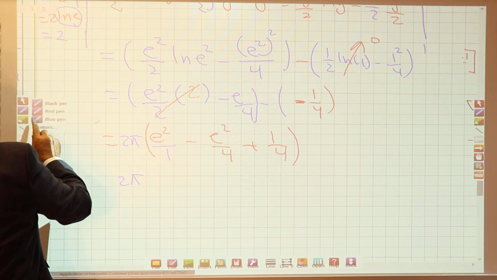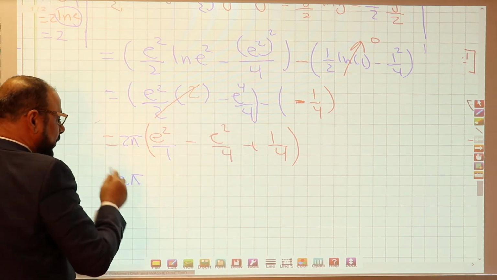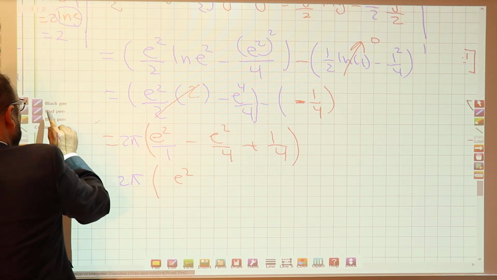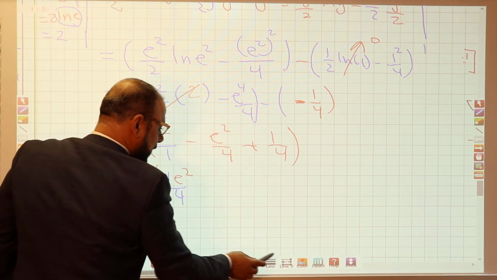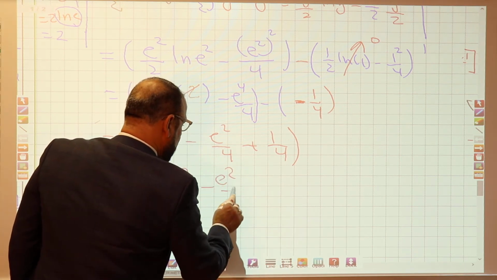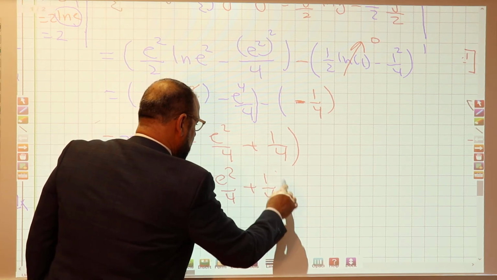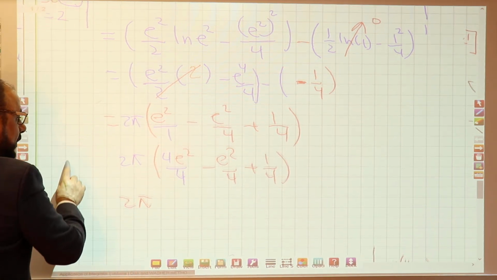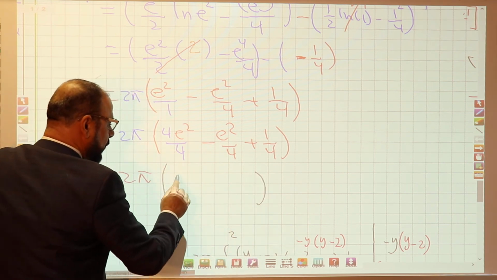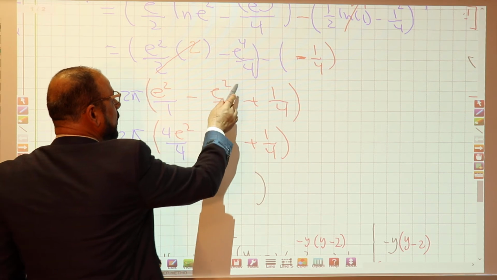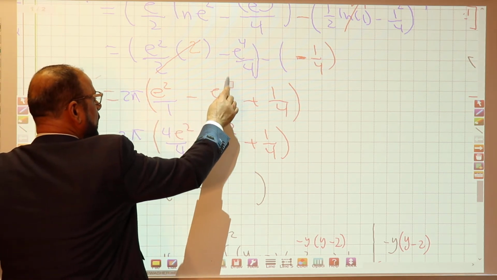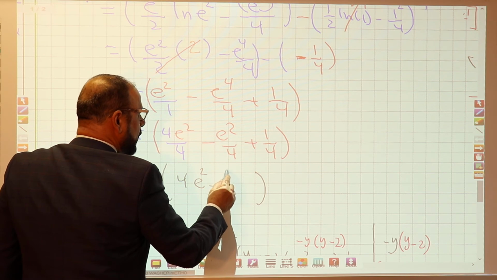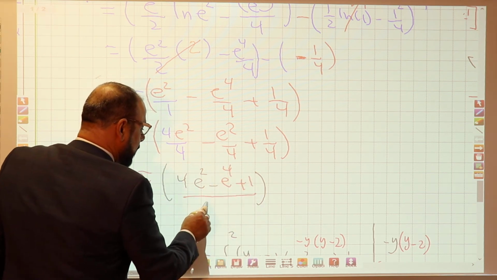So we have 2 pi times, e squared multiplied by 4 over 4, minus e to the 4 over 4 plus 1 over 4, all over 4. Now this equals 2 pi times 4e squared minus e to the 4 plus 1, all over 4.